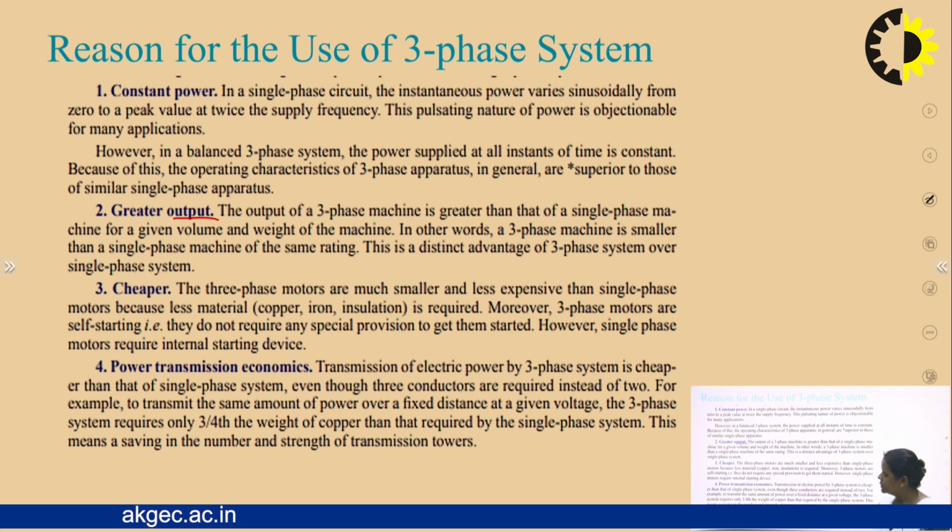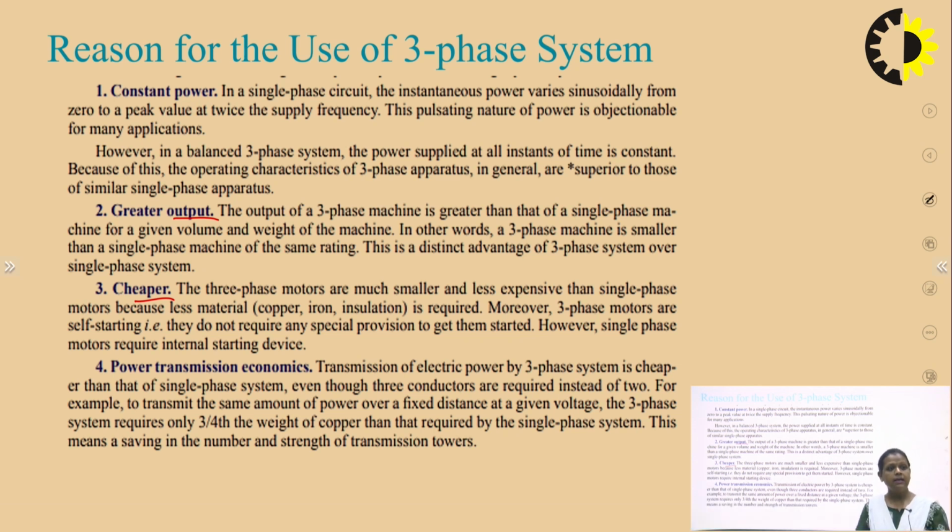Then next is cheaper. Three phase motors are much smaller and less expensive than single phase motors, because less material like copper, iron or insulation is required, and moreover three phase motors are self-starting, that is, they do not require any special provision to get them started.